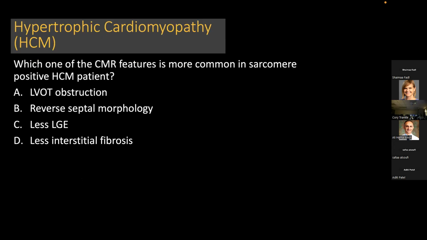Which one of the CMR features is more common in a sarcomere positive HCM patient? Do you think it's LVOT obstruction, reverse septal morphology, less LGE, or less interstitial fibrosis?